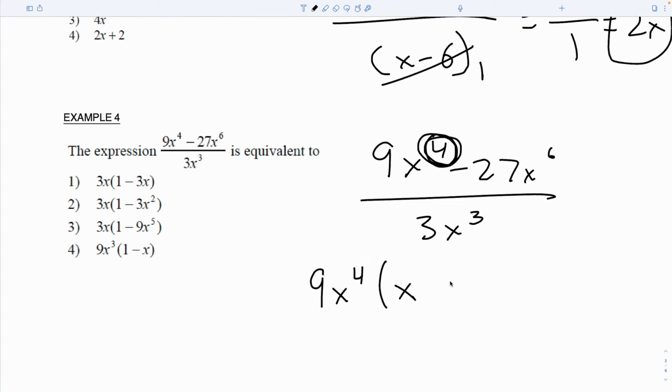That leaves you with x. No, that doesn't leave you with x. What happens when I take out 9x to the 4th from a 9x to the 4th? Go ahead, Colby. It's just a 1. Anytime you have the same number top and bottom, it's just a 1. So that leaves a 1, and what happens to 27x to the 6th, Colby?